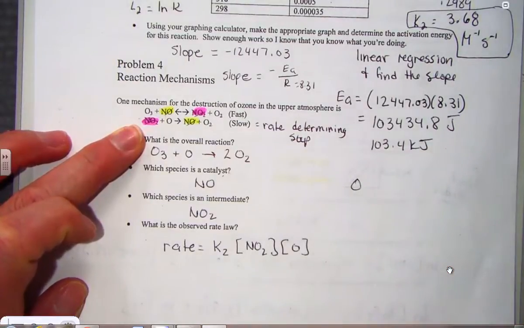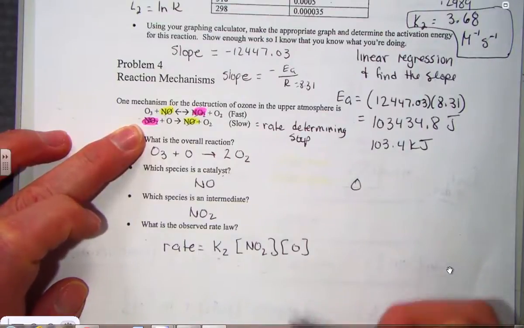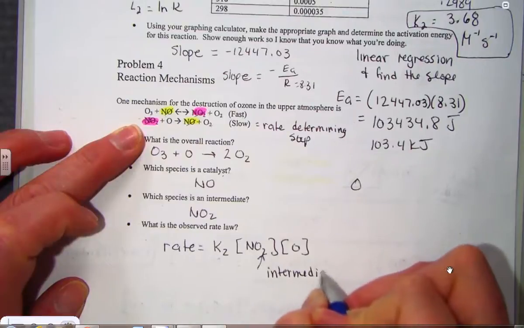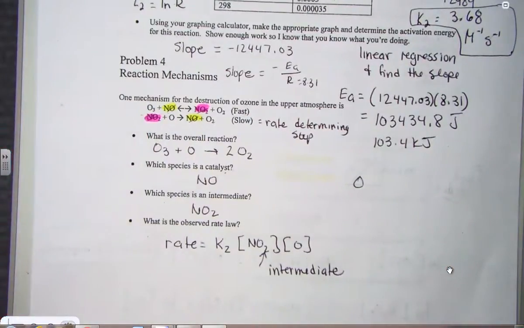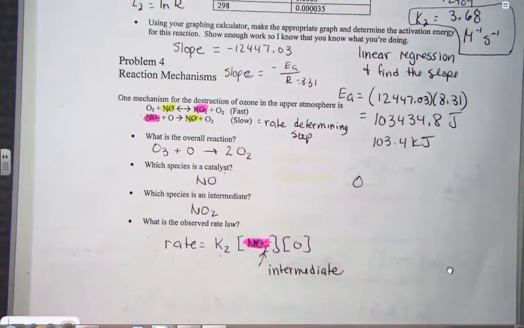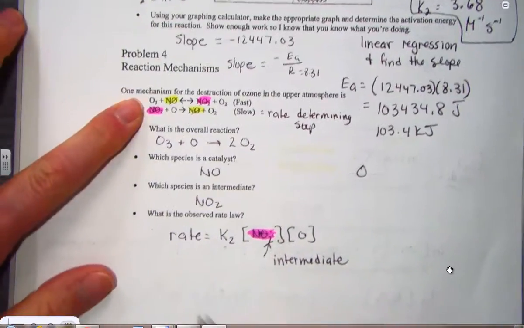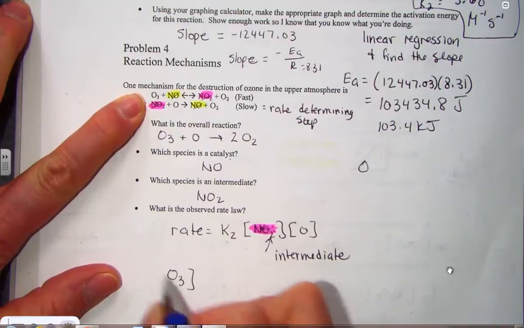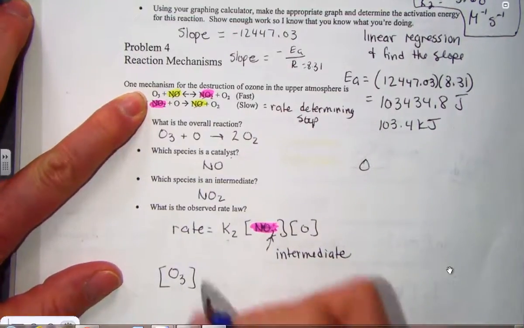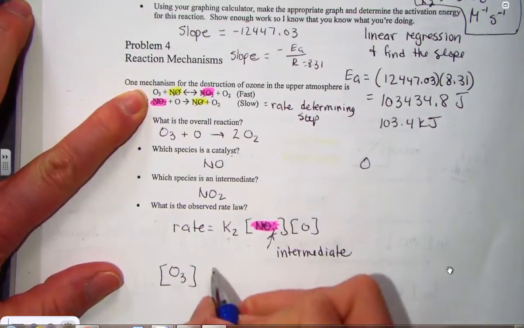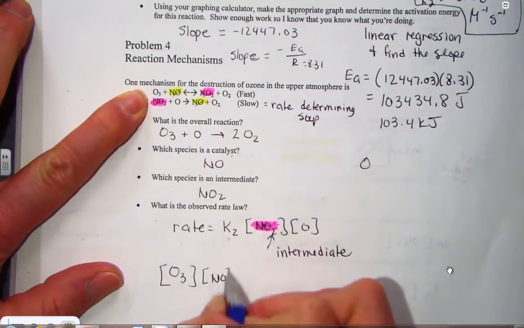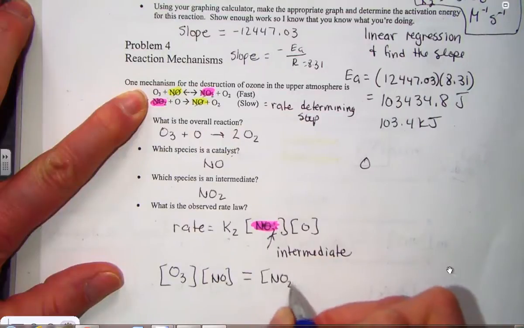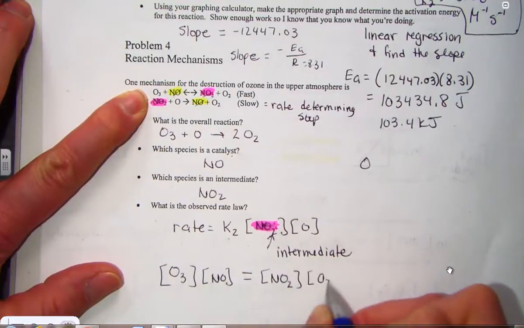This is a bimolecular equation. However, we're not allowed to have an intermediate in our equation. So NO2 needs to be subbed out from the equilibrium above. That equilibrium arrow can simply be thought of as an equal sign. O3 times the concentration of NO is exactly equal to the concentration of NO2 times O2.